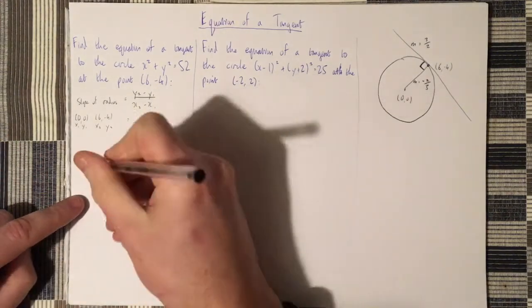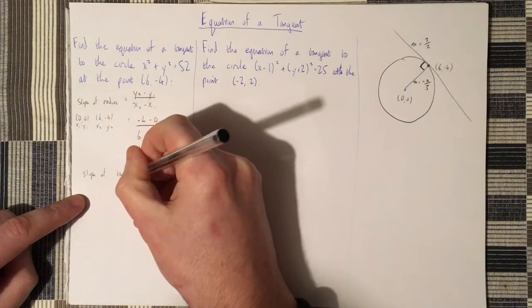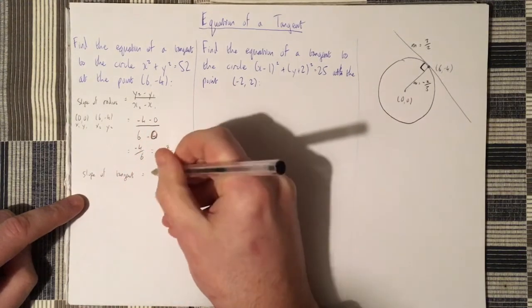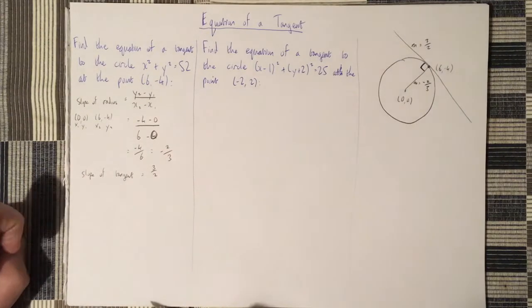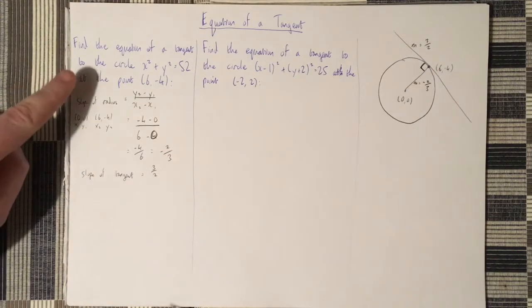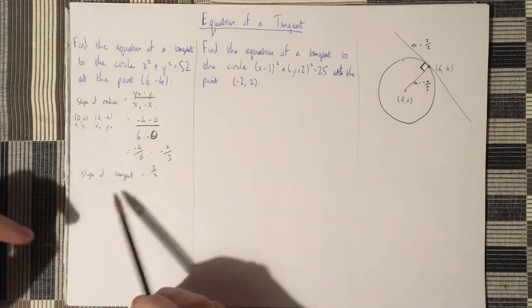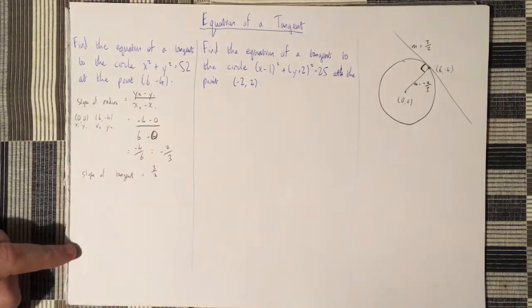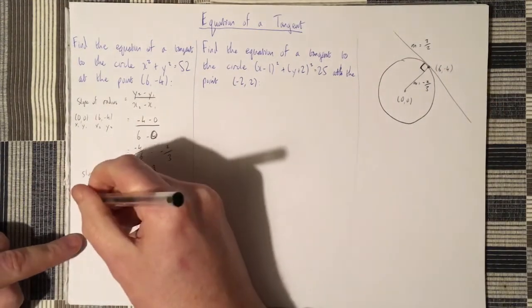So the slope of the tangent is plus 3 over 2. Then find the equation of the tangent line. To find the equation of a line, I need the slope, which I have now, and a point on the line, which I have, so I'm able to do it.